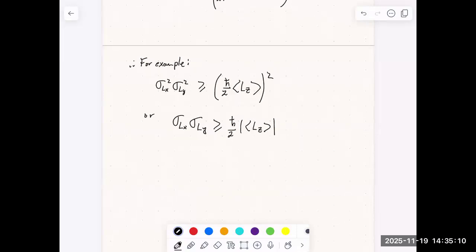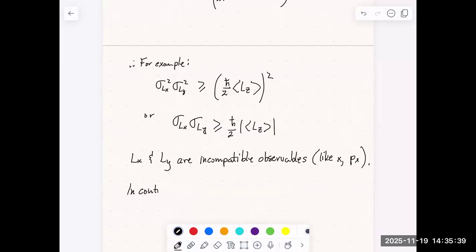All right, so what this really means is Lx and Ly are incompatible observables, just like x and px.